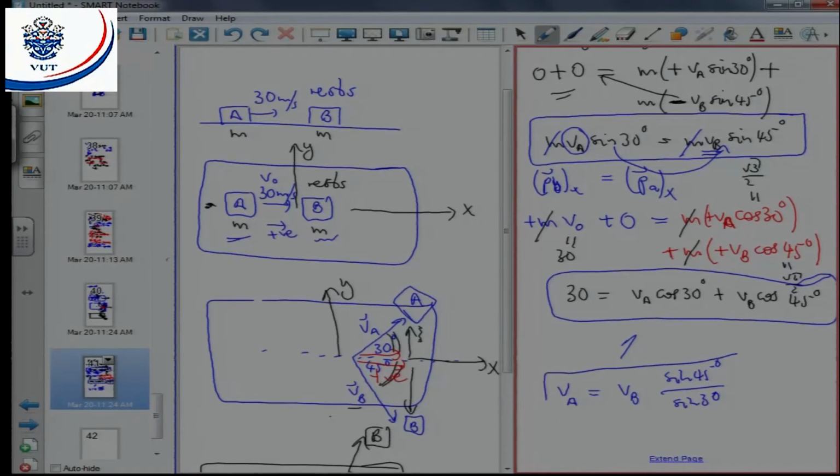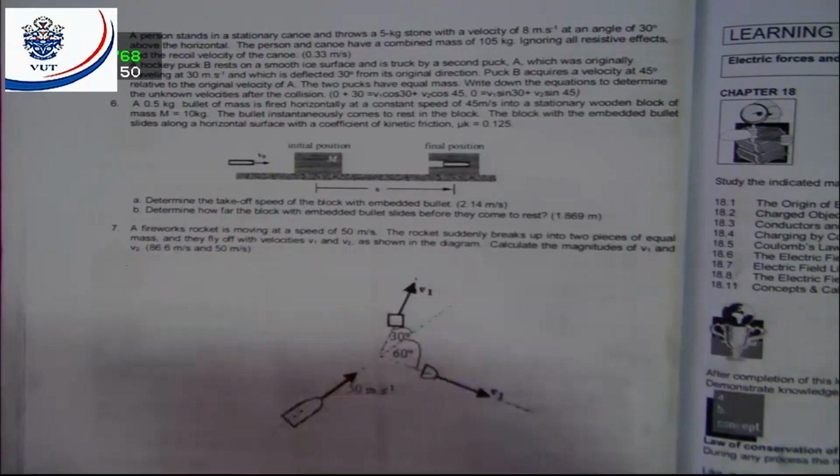And then I would use this answer in the second equation. So where there's VA, I just substitute this number and I can solve for VB. After solving for VB, I then substitute back VB over here to find VA. And that's how you would find V1 and V2 for problem number 7.